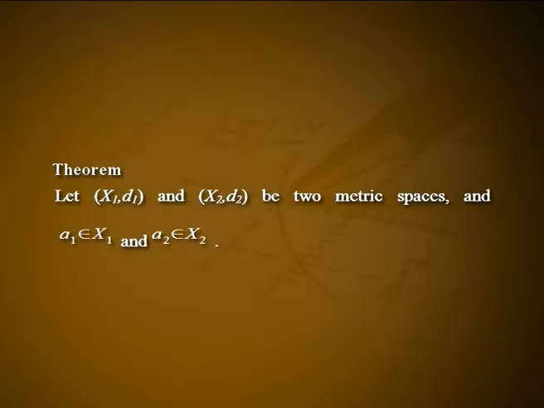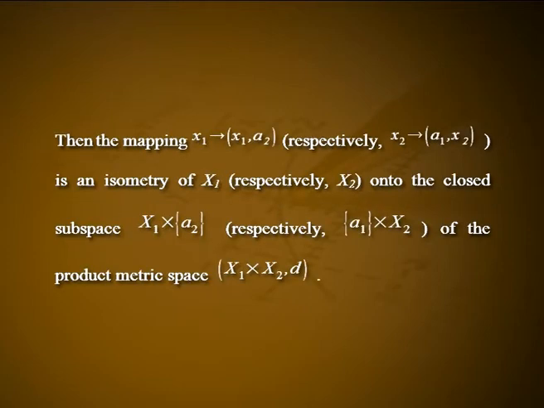Theorem: Let (X1, d1) and (X2, d2) be two metric spaces, and A1 belongs to X1 and A2 belongs to X2. Then the mapping x goes to (x, A2), respectively x goes to (A1, x), is an isometry of X1, respectively X2, onto the closed subspace X1 cross {A2}, respectively {A1} cross X2, of the product metric space (X1 cross X2, d).